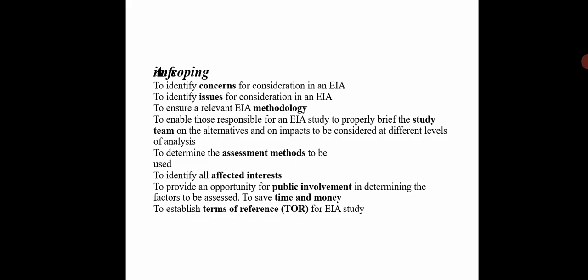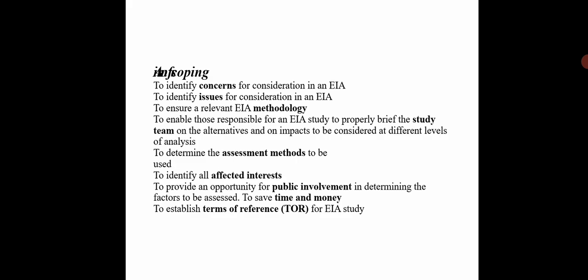What does this indicate? Suppose when we do any kind of project, it produces negative impacts as well as positive impacts. For each negative impact, we have to find alternative solutions also. Then the next one is to determine the assessment methods to be used.